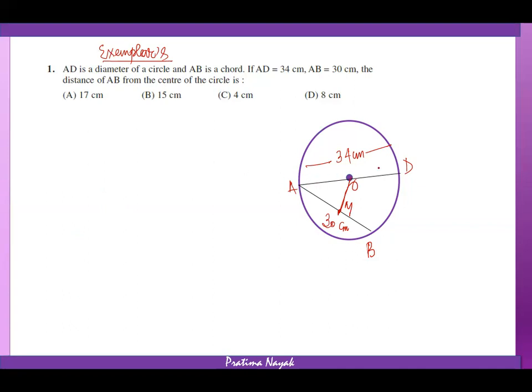When AD is 34 centimeter, you can think of AO as equal to 17 centimeter. Similarly, AB is equal to 30 centimeter, so AM is equal to 15 centimeter, half of it, because the perpendicular distance bisects the chord.